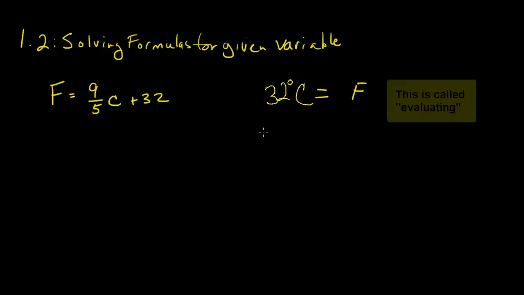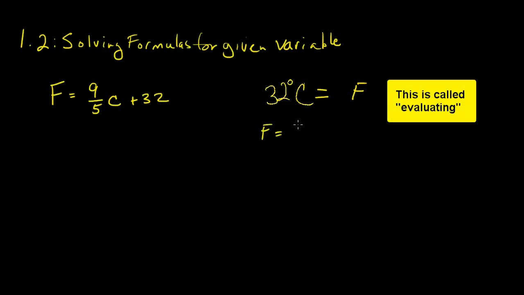So I could say that the Fahrenheit temperature is equal to 9/5 of the Celsius temperature plus 32.